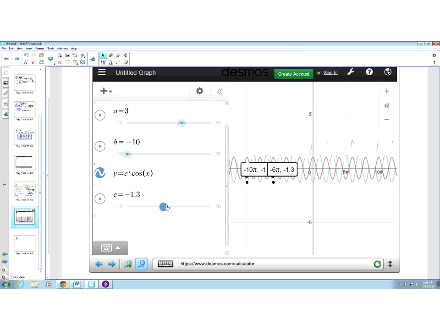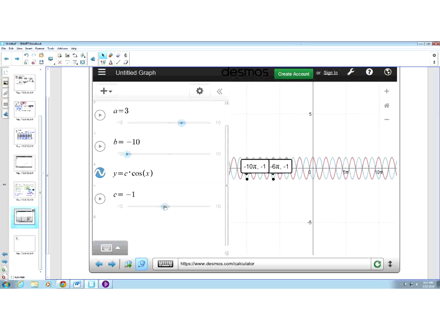The curve shrinks. You see the blue curve? It becomes compressed in the vertical direction, until we get to c equals -1. When c is equal to -1, it turns into a reflection.